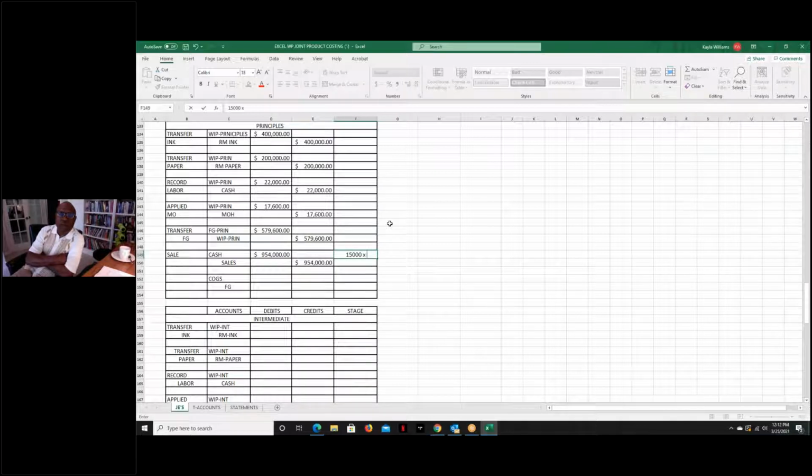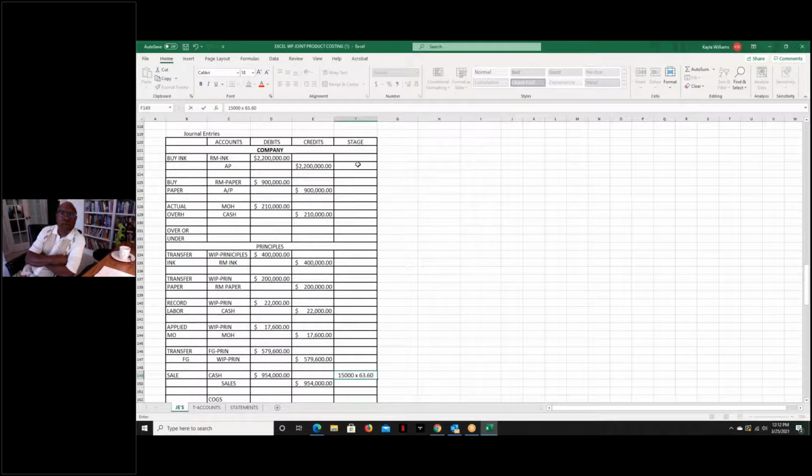Do that for each journal entry. We only do it on this one, so people will have this as a guide. Put the same thing in for buying the ink and buying the paper, for people when they refer back.